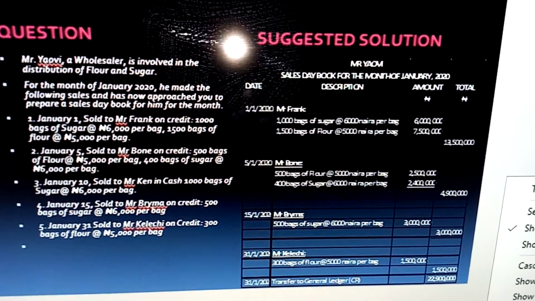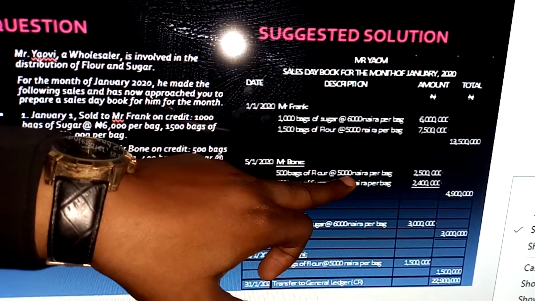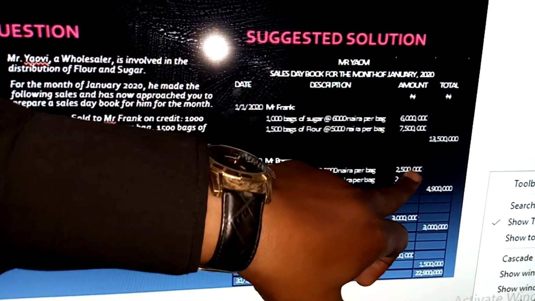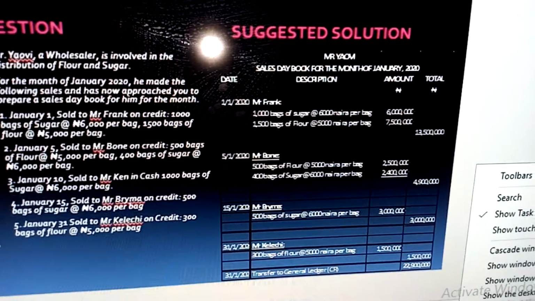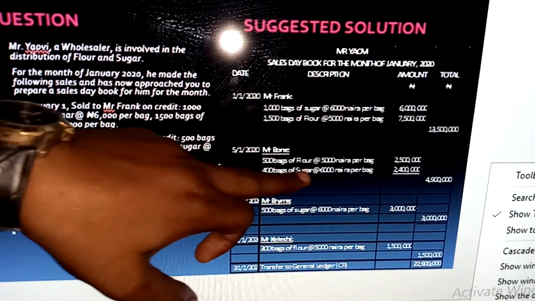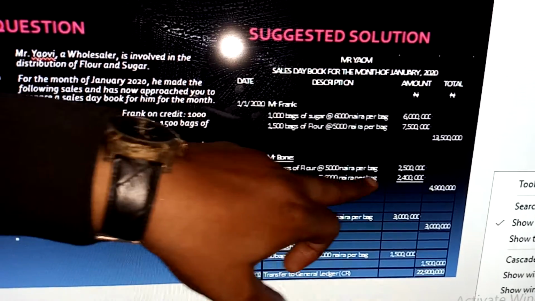So if one bag is 5,000, then 500 times 5,000 gives us 2,500,000. On the same date, we have 400 bags of sugar at 6,000 per bag.